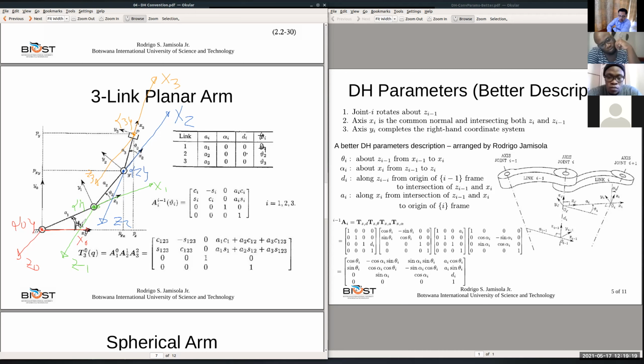So this is your z1, and theta 2 is from here to there: this is your x1, and that is your x2. So from x1 to x2, rotating about z1, that's your theta 2.